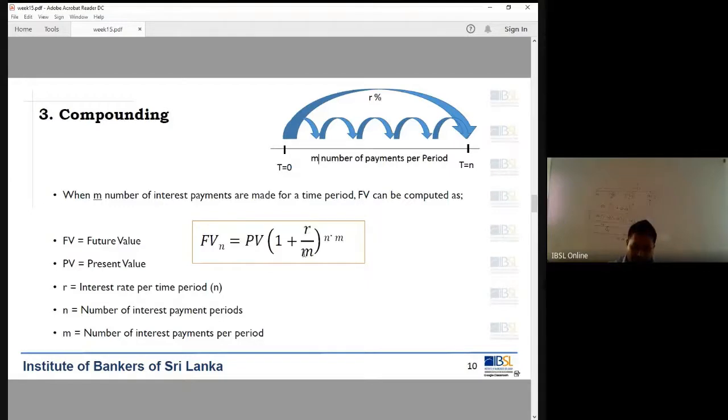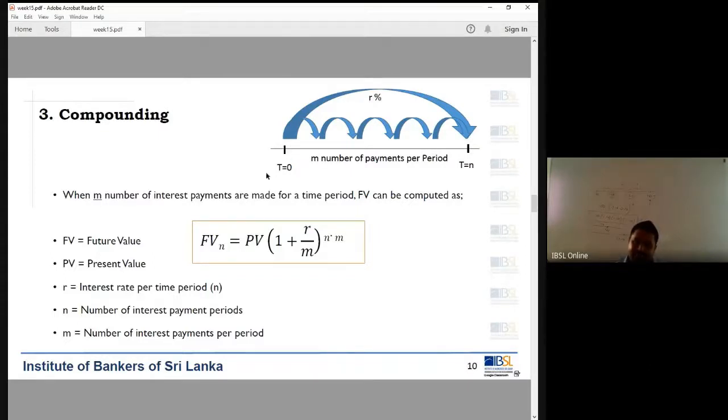So the r percent that you received so far is now going to be divided by the number of times that you are going to receive the cash flow. Let's say R is 12% here. So that means, are you going to get 12% every month? It can't be the case, is that so?